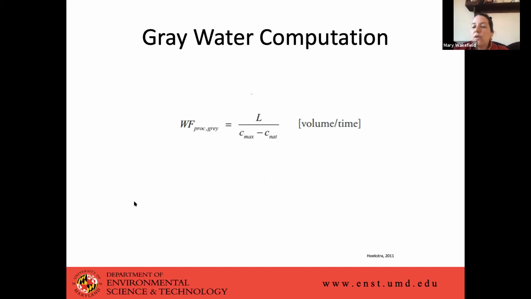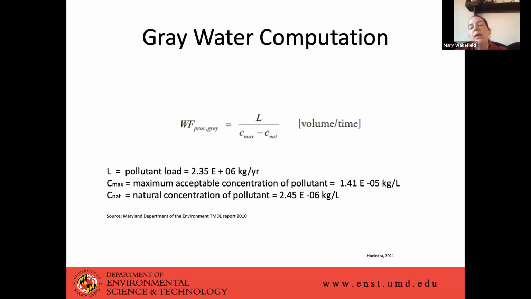Okay, so your gray water computation. This is a pretty straightforward formula. It takes a little evolution to get to, but we'll start here. L is your pollutant load, and in this case, it comes from the Maryland Department of the Environment TMDL report. There's one coming out next year.